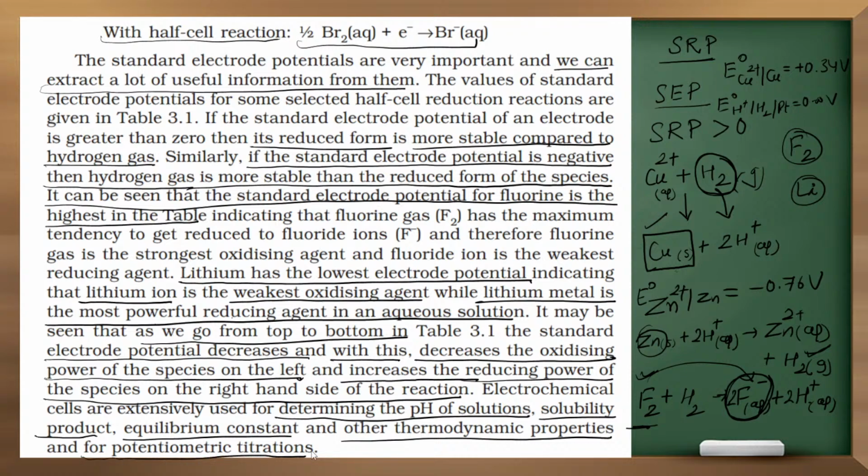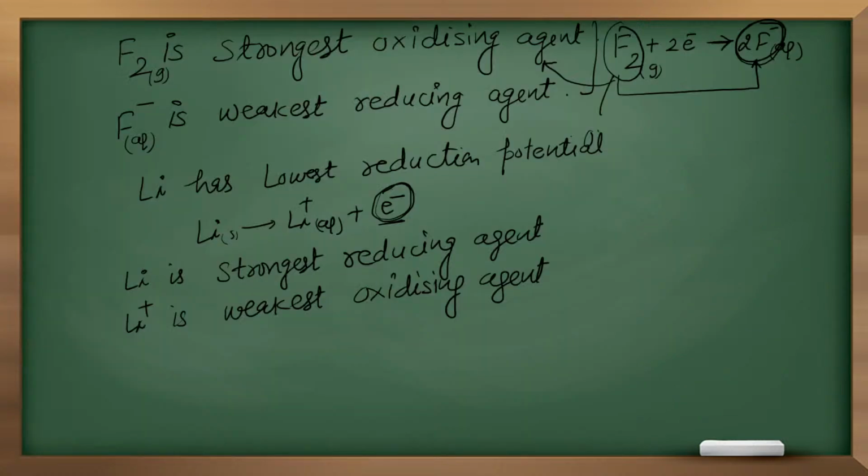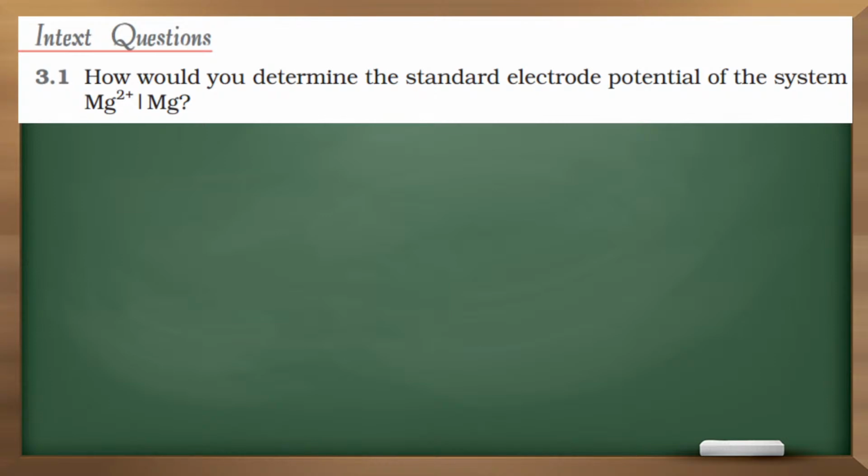We will use electrochemical cells. Yes, this is the question for you. How would you determine the standard electrode potential of the system Mg2+/Mg? Yes, beta, how do we calculate?